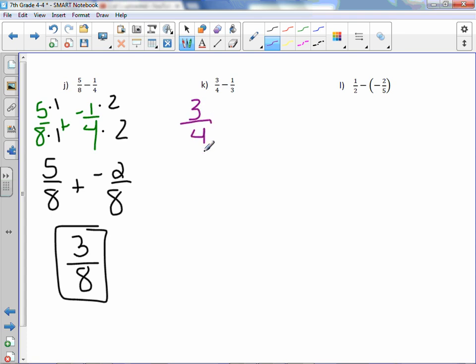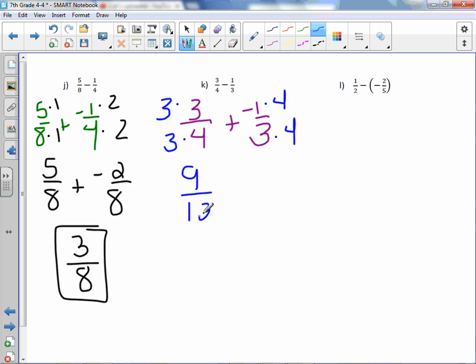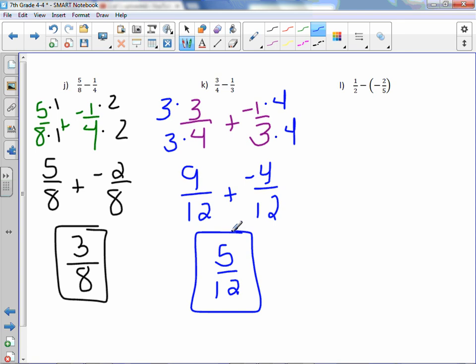I will not subtract. I will add the opposite. 12 is our least common denominator here, so I need to multiply this fraction by 3 and this fraction by 4. We get 9 over 12 plus negative 4 over 12, which equals 5 over 12, and that is reduced.